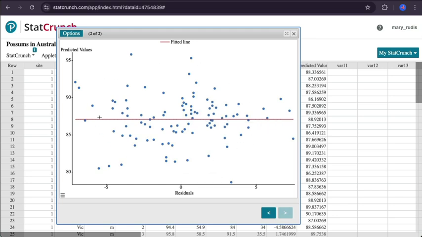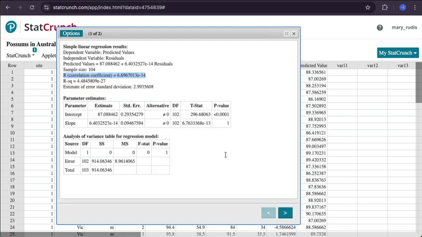The fitted line is literally a flat line. So when the fitted line is a flat line with no slope and the residuals are all over the place like this, there's no pattern in the residuals versus the predicted values. And our R value is a number close to zero. So you need that to happen as well.